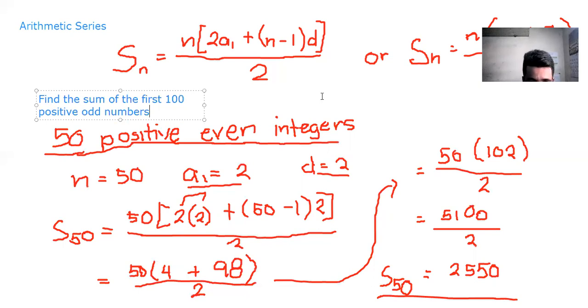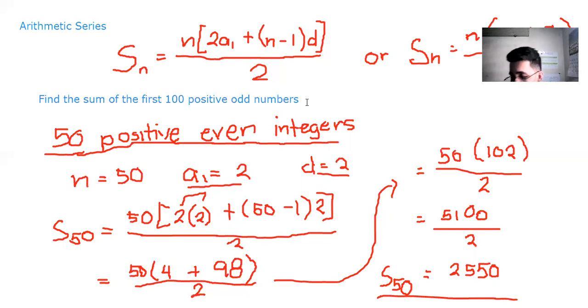In your notebook, do this, then send your answer in my messenger. Find the sum of the first 100 positive odd numbers. Ang gagamitin pa rin natin dyan is itong si formula number 1.